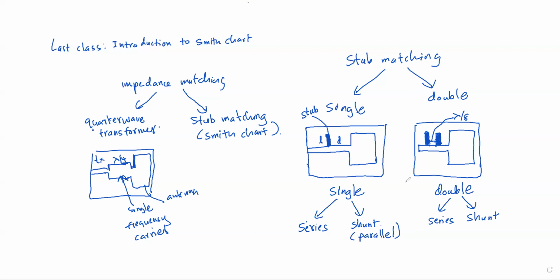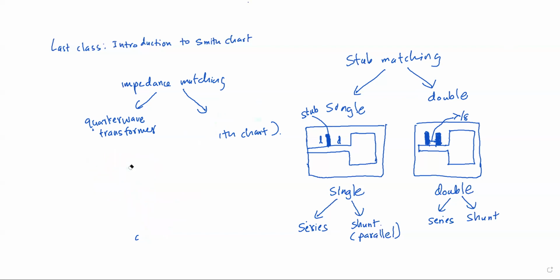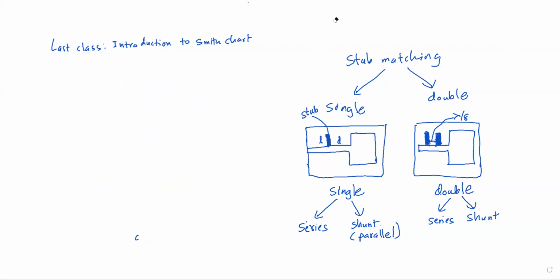So what is the difference between those two things? I will draw another diagram. Once we have the transmission line, if we connect in parallel to the load, these diagrams that I drew were about parallel stubs.